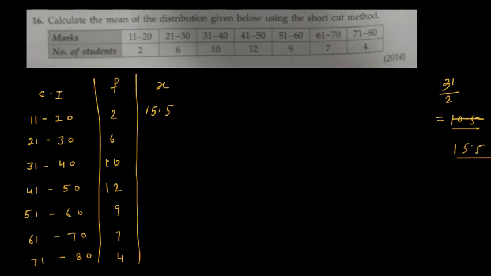Then 21 plus 30 is 51, divided by 2, that is 25.5.